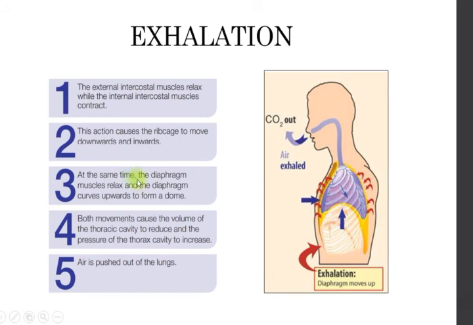At the same time, the diaphragm relaxes. What do you mean by relax? The muscle becomes longer and the diaphragm curves upwards to form a dome shape. Both movements cause the volume of the thoracic cavity to reduce and the pressure of the thoracic cavity to increase, so air is pushed out of the lungs.